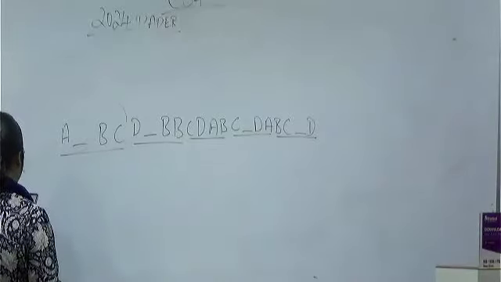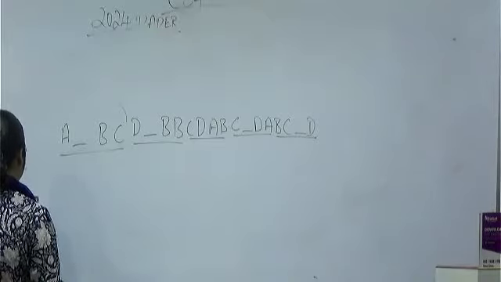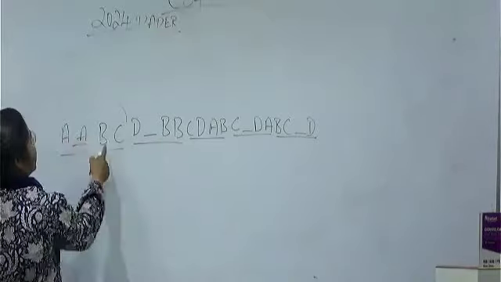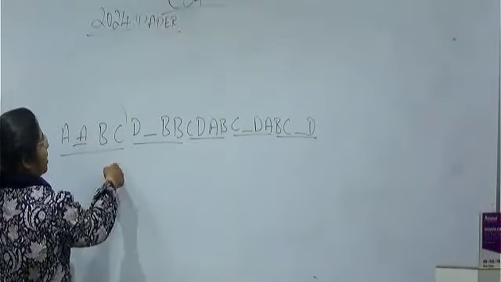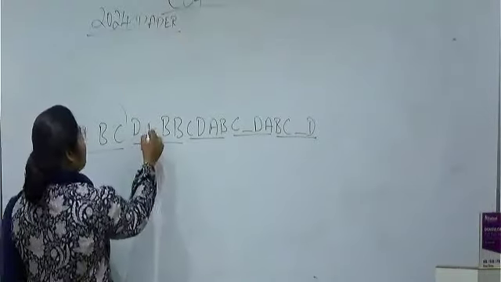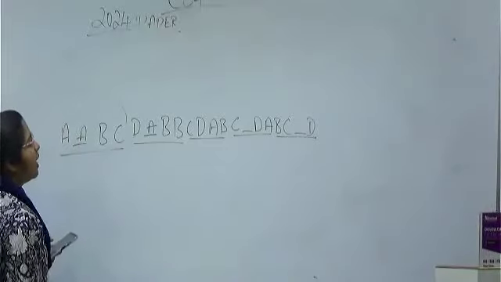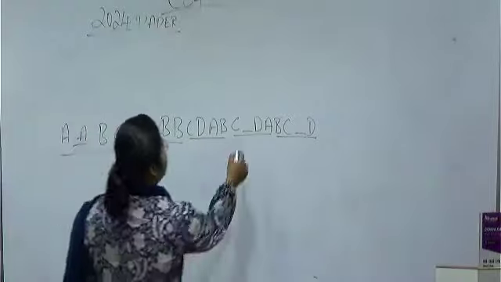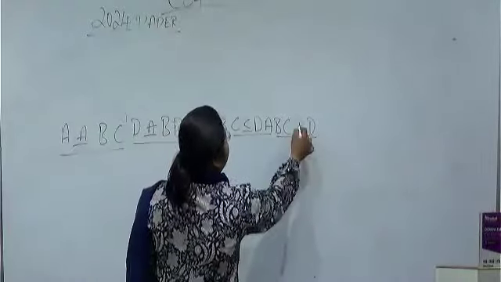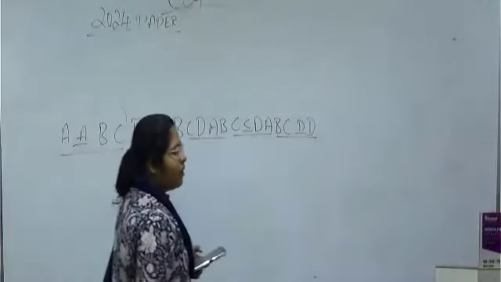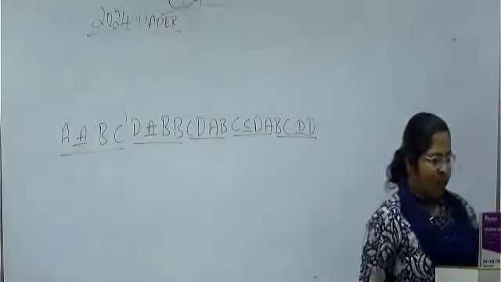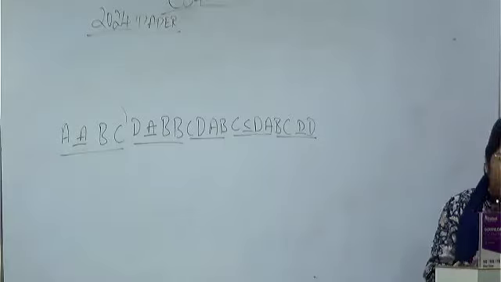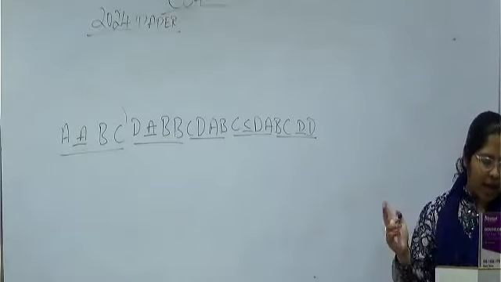What is the possibility? Because you are seeing double B here: ABC, then DABB, then CC, DA and D. Because double, it should repeat. Which option is that? C option. Fabulous. One alphabet is repeating, another one we have in one set, right?